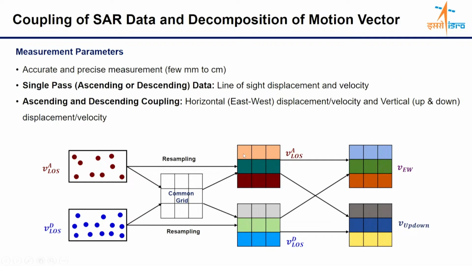Now you see, over each pixel, suppose over this pixel, the line of sight velocity from the ascending data set is there, and the line of sight velocity from the descending data set is also available.